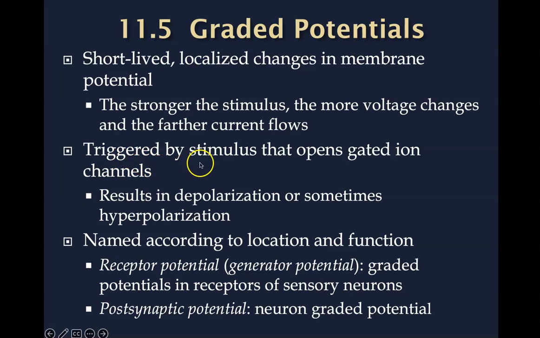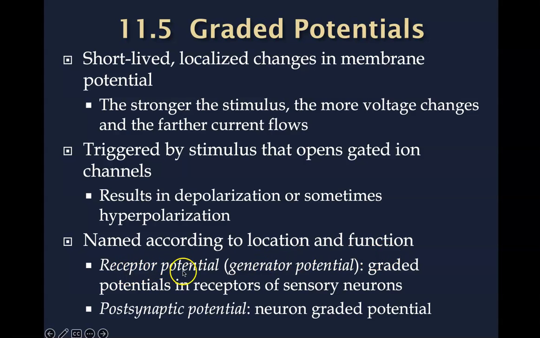It's triggered by a stimulus that opens gated ion channels, allowing either a positively charged ion in to cause depolarization, or the opposite, allowing positively charged ions out, which could cause hyperpolarization.